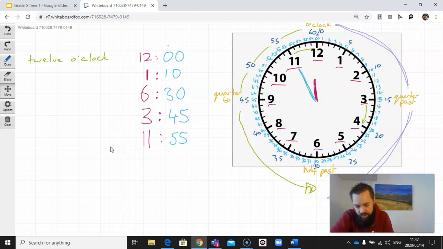Okay, so here's where it comes in with the purple. And we've got a 10. Over here you can see that we are going 10 minutes after the hour. So we're going to say 10 past.